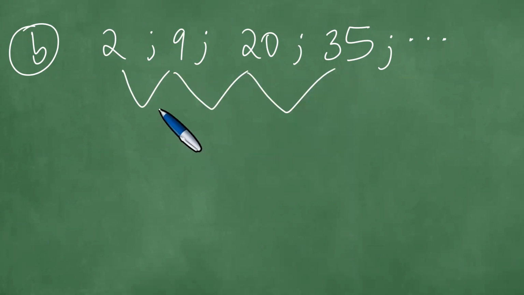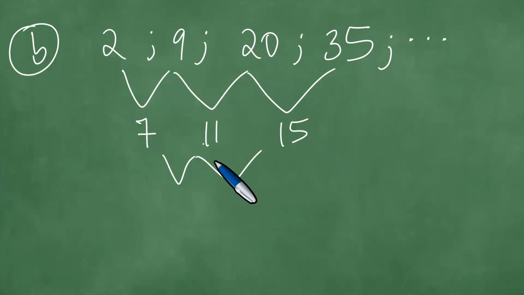So now, if you subtract these, you have 9 minus 2, which is exactly 7, 20 minus 9, which is 11, and 35 minus 20, which is 15. We get further differences here: 11 minus 7 gives us a 4, and 15 minus 11 gives a 4.